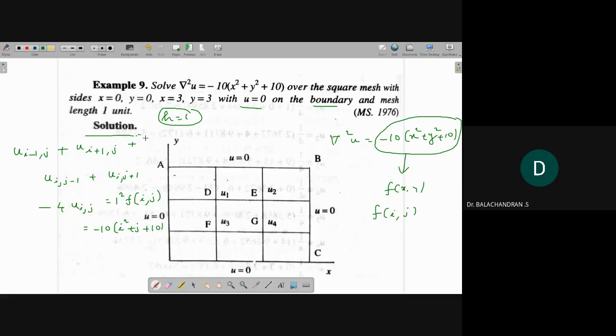Now you should apply this formula at D, at F, at G, at E. What are the i value and j value at F?